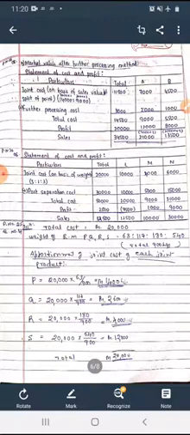So apportionment of the joint cost to each product: P is 20,000 into 63 divided by 900, so 1,400. Q is 20,000 into 117 divided by 900, rupees 2,600. R is 20,000 into 180 divided by 900, equal to rupees 4,000. S is 20,000 into 540 divided by 900, equal to 12,000.